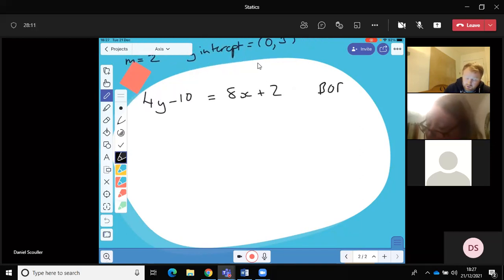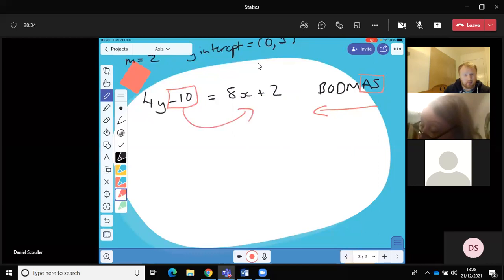So this time we do need to be careful with what we're doing in regards to reverse BODMAS. When we're moving things over, remember we're going in that direction. The first thing we want to deal with is that add and subtract, so the minus there, and move that across.